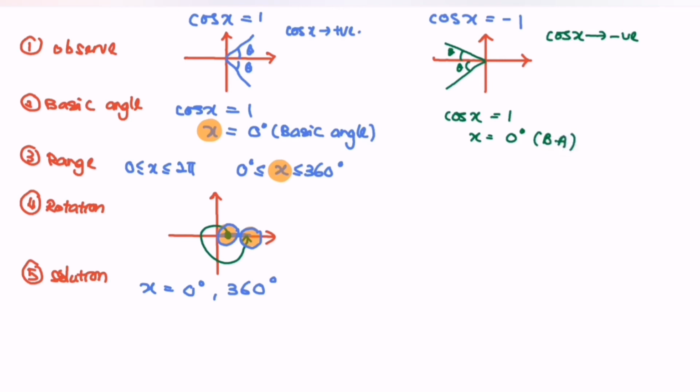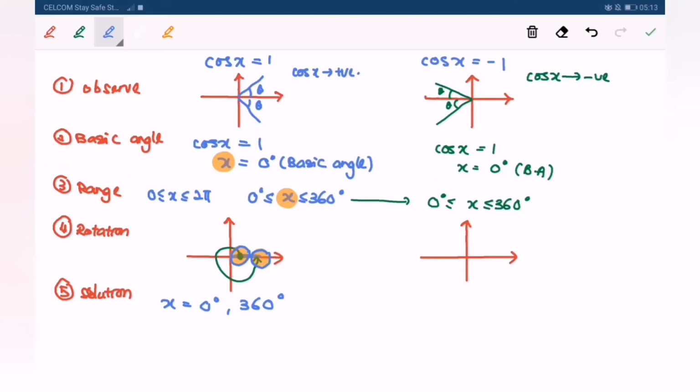And then third step will be the range. In this case, the range is the same, so the range will be 0 until 360 degree. By referring to the information, number 1, the quadrant will be the second and the third quadrant. Number 2, the basic angle is 0, so here will be the basic angle located in between the second and the third quadrant.